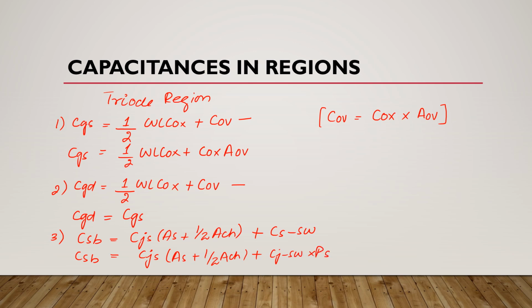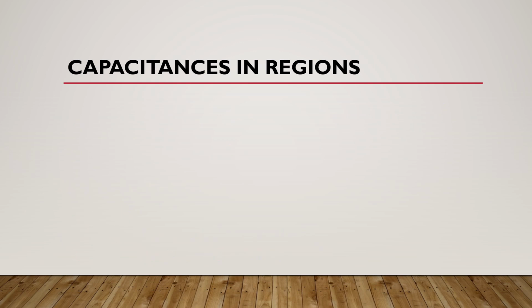Okay, the formula of drain to bulk capacitance in triode region is this without sidewall capacitance. In case of sidewall capacitance, drain sidewall capacitance is added here, which is this.